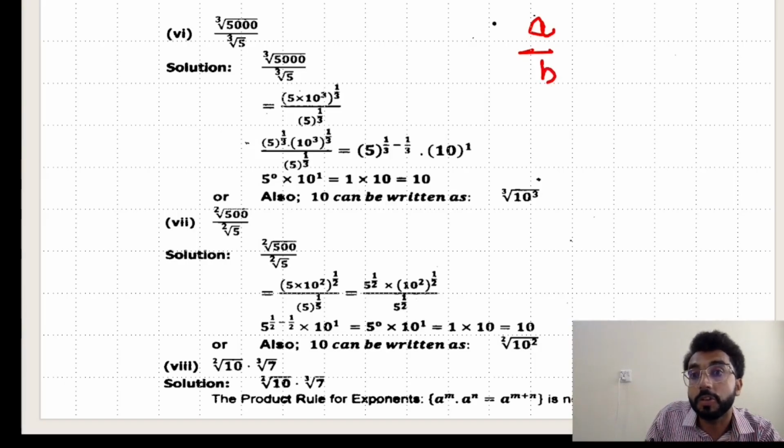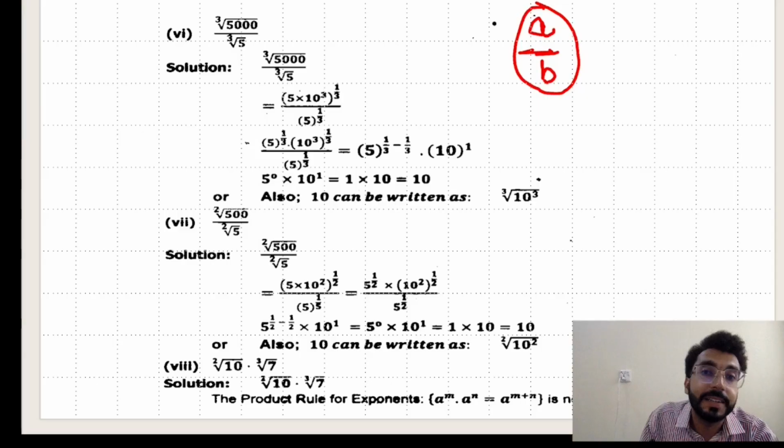A over b is our quotient form. So by looking at the question, we can decide whether we have to apply the product rule or quotient rule. The question is given in a over b fraction form, so the quotient rule should apply here.